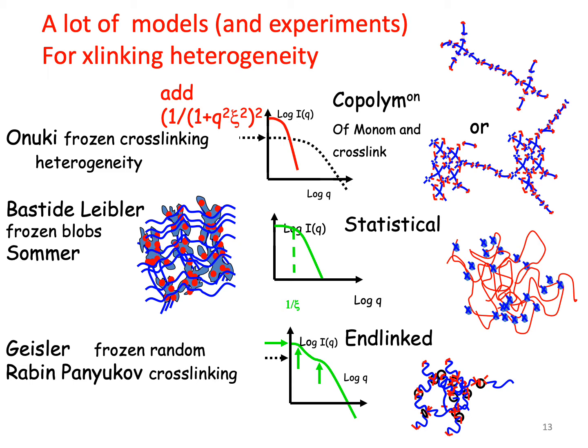On the left-hand side, you see the names of the authors of different models, and in the middle you see the prediction for the scattering, which in some cases directly shows some heterogeneities with some low Q overscattering, and in other cases, like in the Bastide-Leibler model, these heterogeneities are hidden just after preparation.